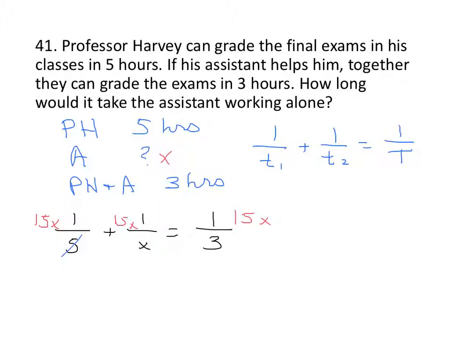In the first case, 5 goes into 15 3 times, x goes into x, and 3 goes into 15 5 times. So what we have left are 3x plus 15 equals 5x.